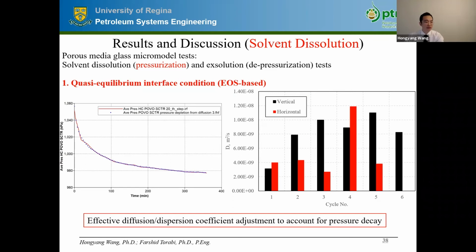As we can see, for the vertical condition and the horizontal condition, the vertical test always uses a relatively higher effective diffusion coefficient due to the gravitational force, which facilitates oil flowing down and exposes deeper oil to be diffused by solvent.